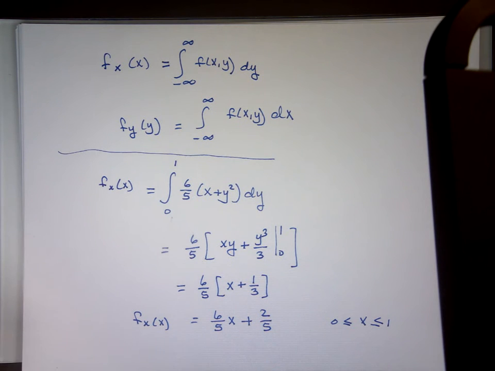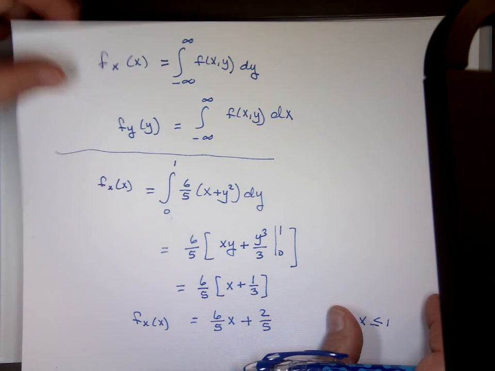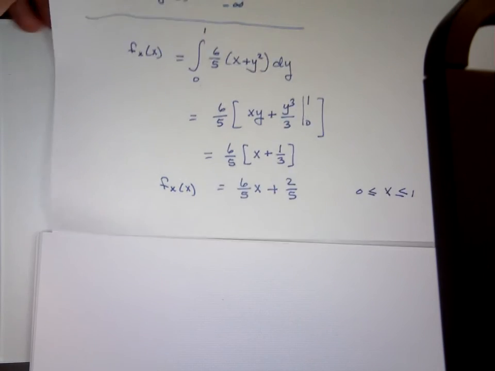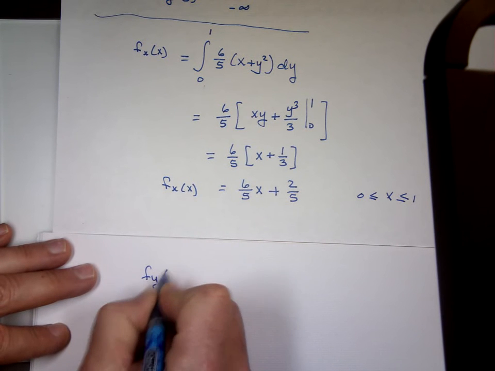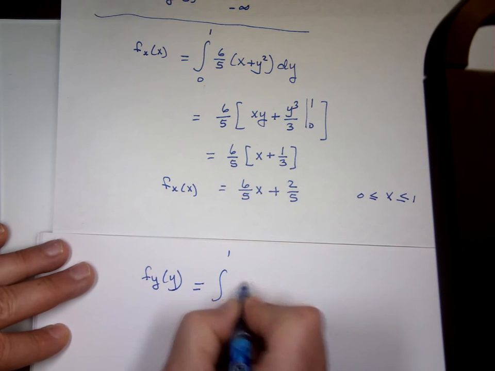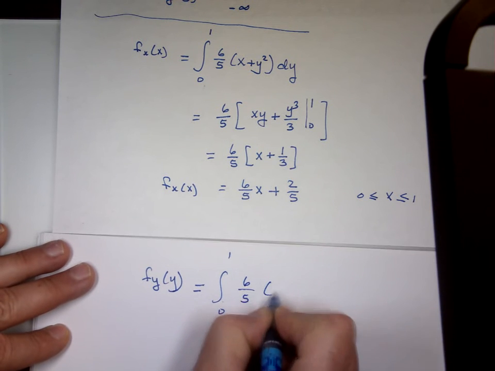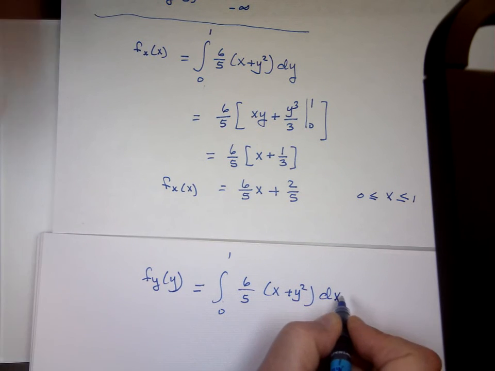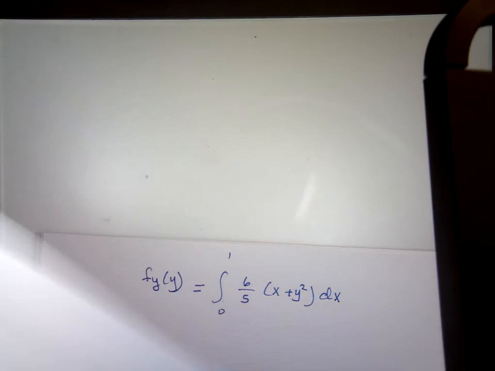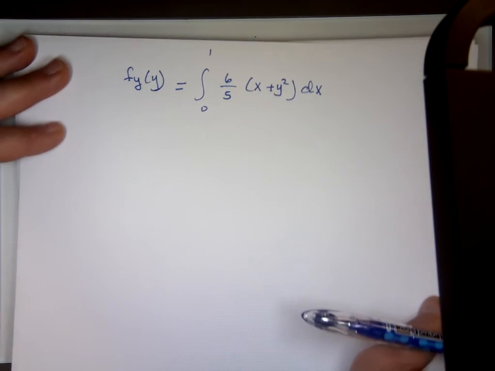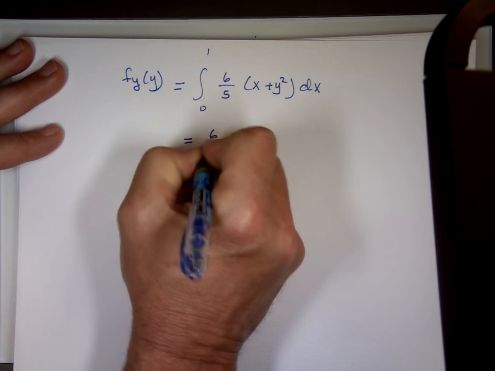What about that inside teller? What is the wait time for that person? That's f of y. It's going to be the integral from 0 to 1, 6 over 5, x plus y squared dx. 6 over 5. With respect to x, that would be what?